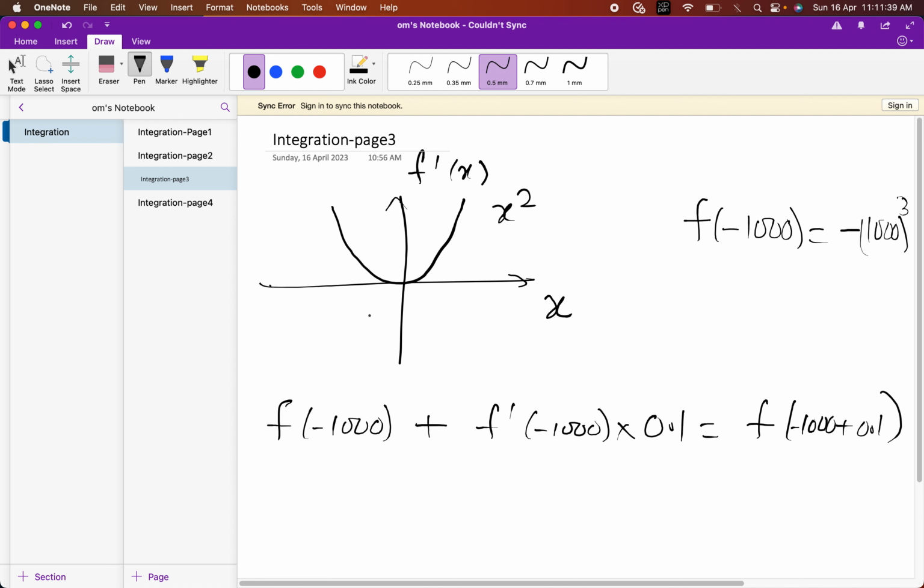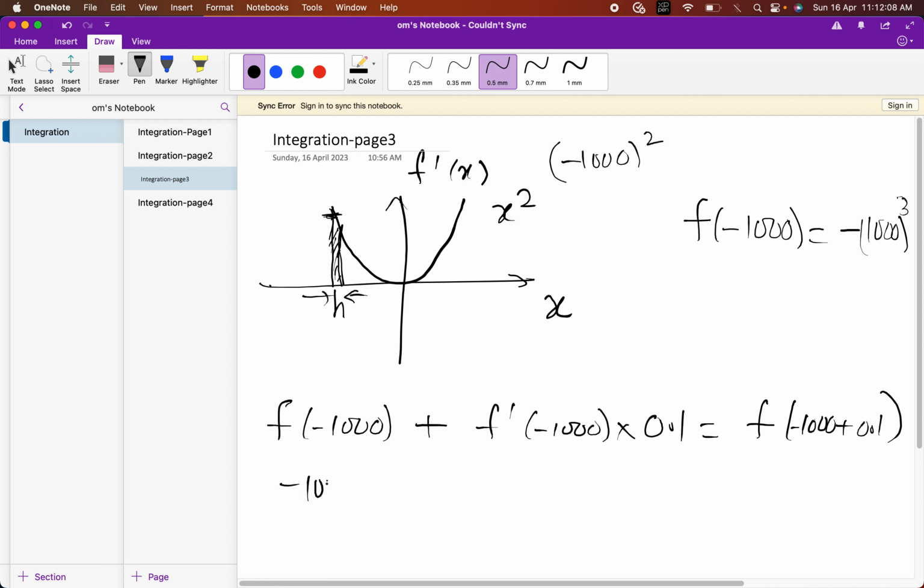Okay, so let me now imagine what I am adding. Because I know the derivative, what I am adding is the area of a rectangle where f dash x is the length and h is the width. The derivative at minus 1000 will be minus 1000 square.